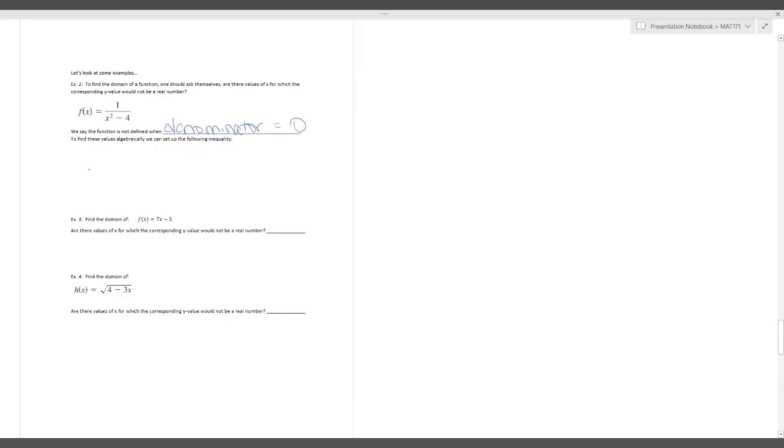So we can say that x squared minus 4 cannot equal 0, which means that x squared cannot equal 4, which then means that x cannot equal positive or negative 2.